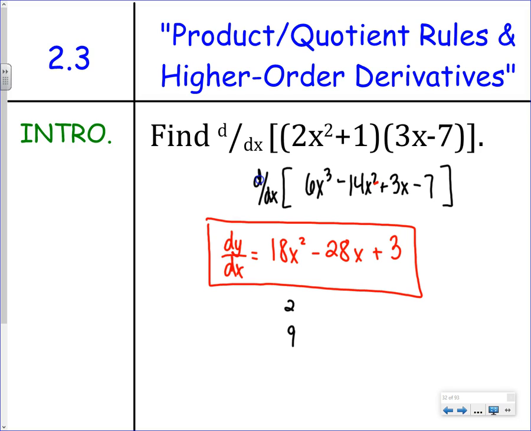We do 2 and 9 and 1 and 3. 9 and 6, that doesn't work. How about 3 and 1? 27 and 2? No. What's something else that goes into 18 besides 18 and 1 and 2 and 9? Not much. 36. 9 and 6? No.